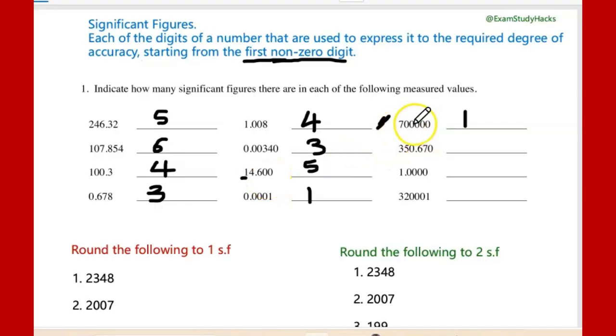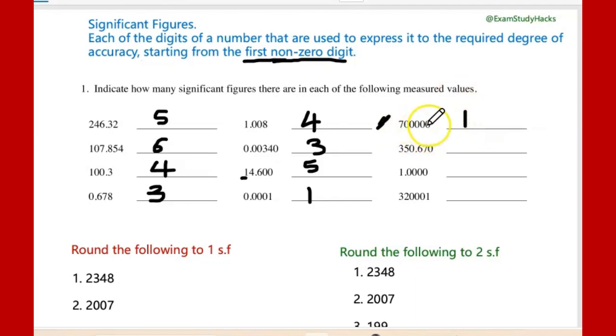Now what is the difference between this and this? Here we have 14.600. So this is actually 5 significant figures. But here, this is 7000, sorry, 700,000. The only significant figure we can see here is 7.